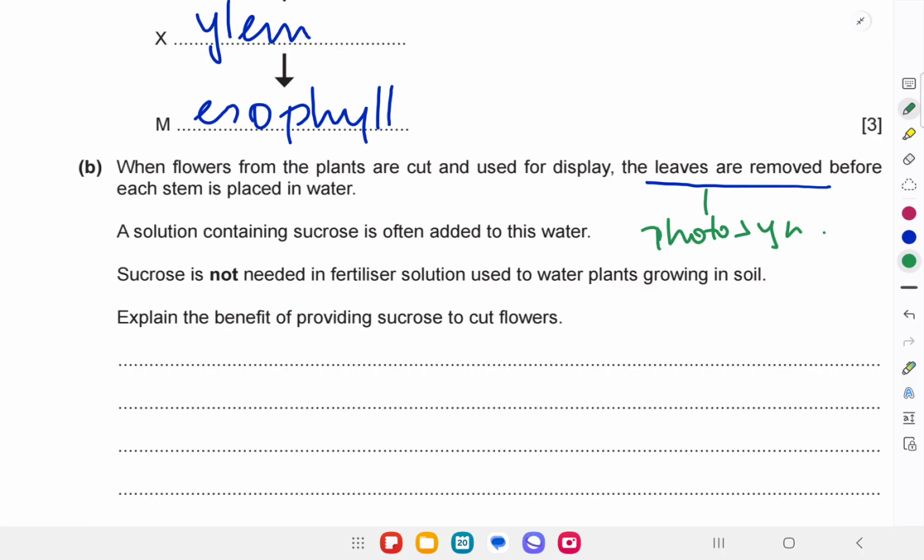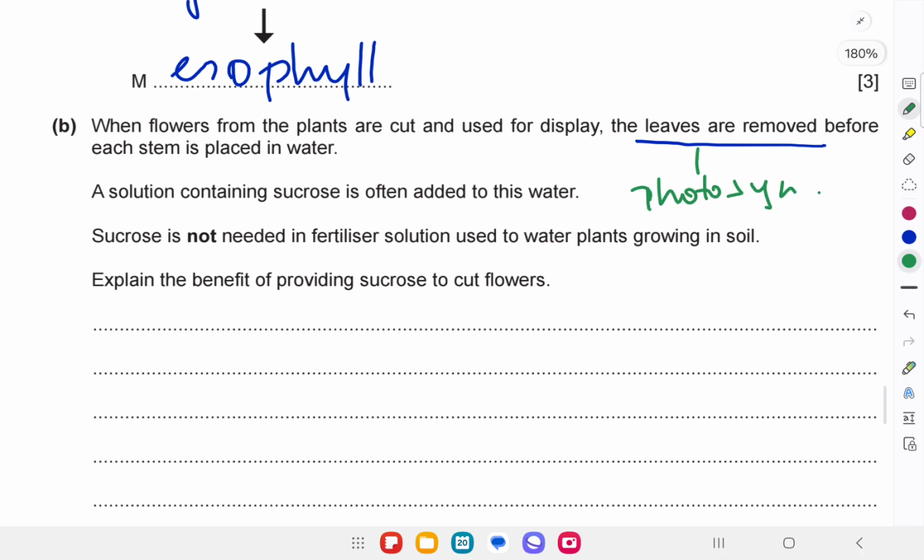It can provide energy through respiration. So there is no photosynthesis when the leaves are cut. They are not able to produce sucrose.